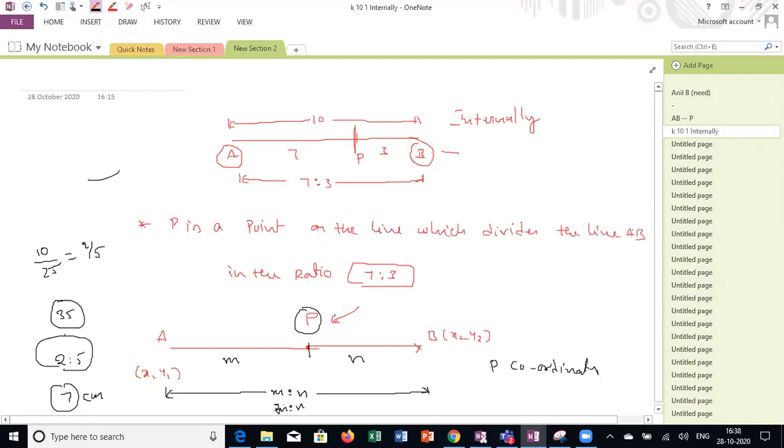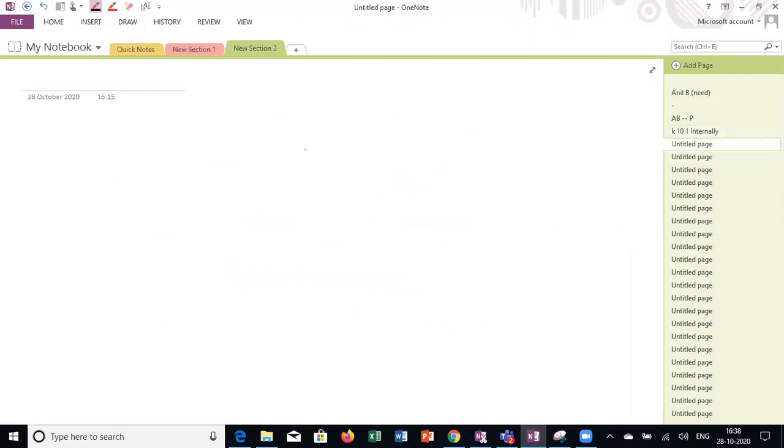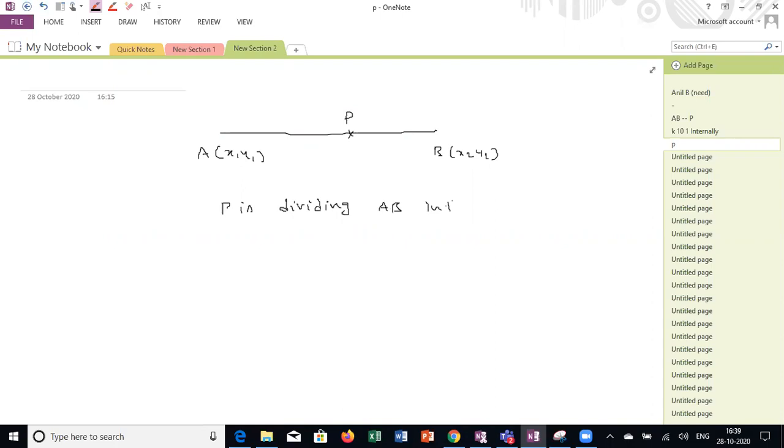This concept can be explained using the section formula. It's very simple. A is x1, y1, B is x2, y2, and there is a point P. I don't know what the point P is, but P is dividing AB in the ratio m:n.